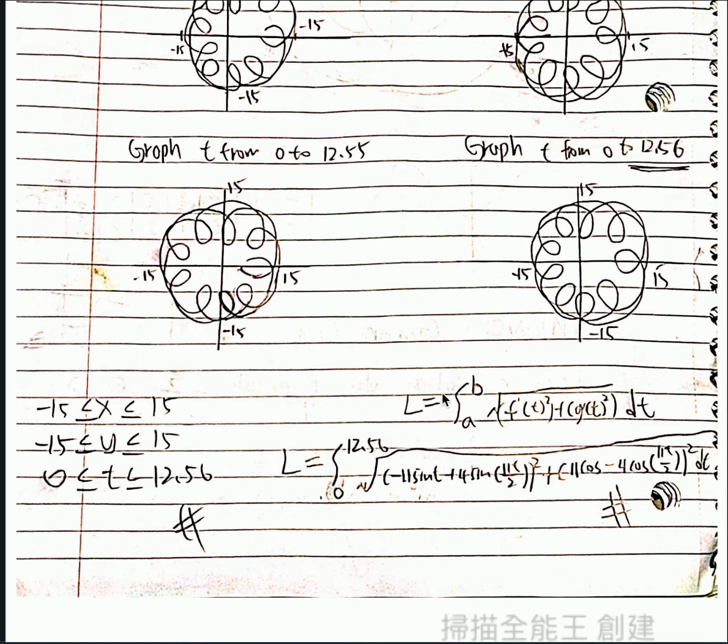So we use this function to plug in t equals 0 through 12.56: the square root of (negative 11 sine t plus 4 sine 11t over 2) squared plus (11 cosine t subtract 4 cosine 11t over 2) squared, and we can get the answer for B.